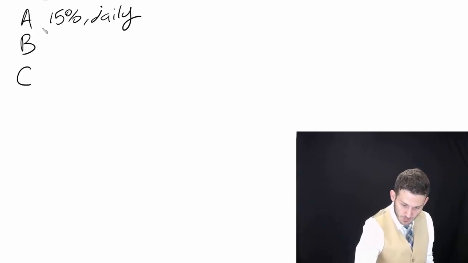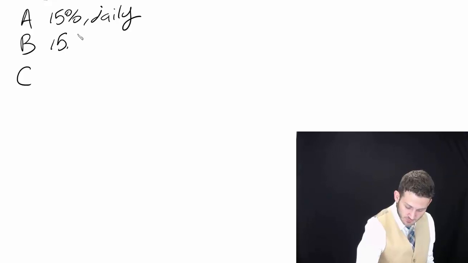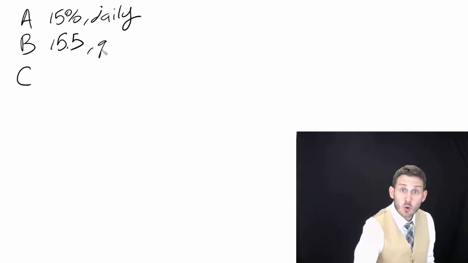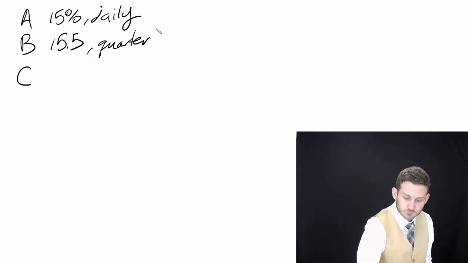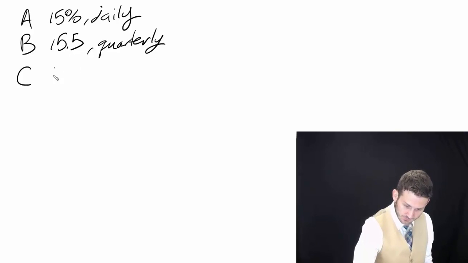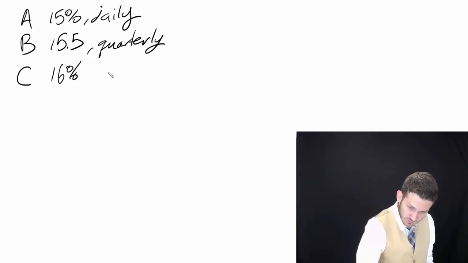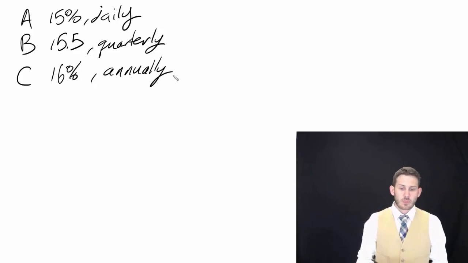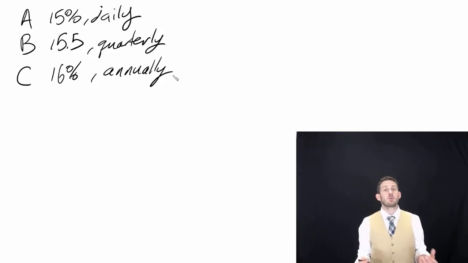Bank B has 15.5% quarterly, and Bank C is 16% annually. Which one of these accounts should we do?